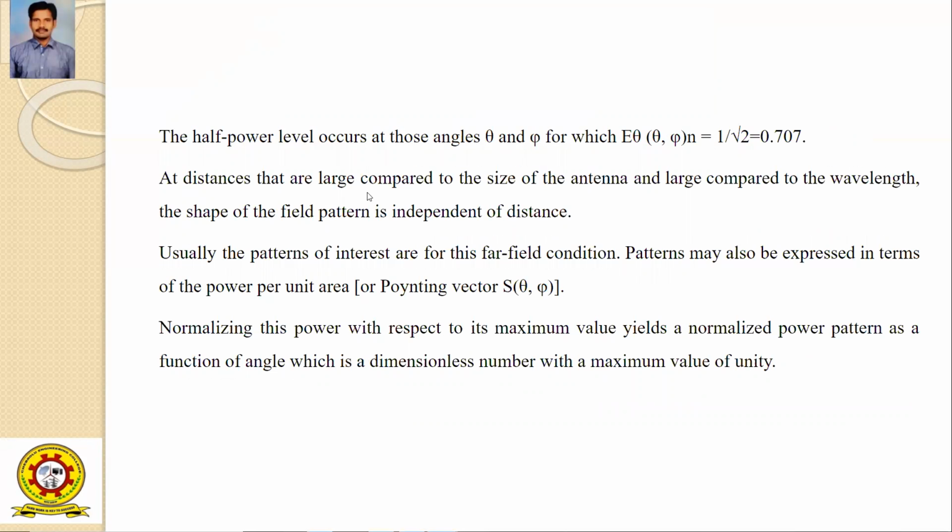As we mentioned in our picture, the half power level is available at 1 by root 2, which is 0.707. At a distance where the size of the antenna is large compared to the wavelength, the shape of the field pattern is independent of distance.